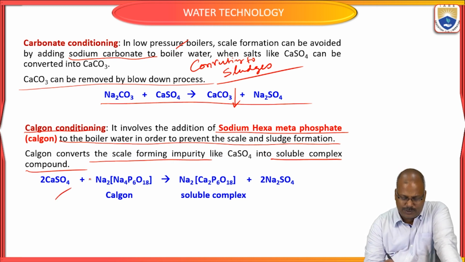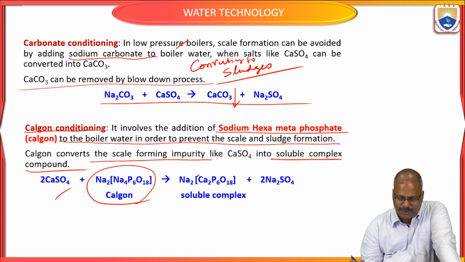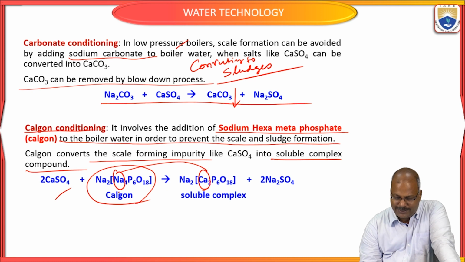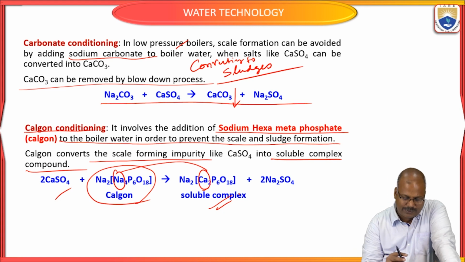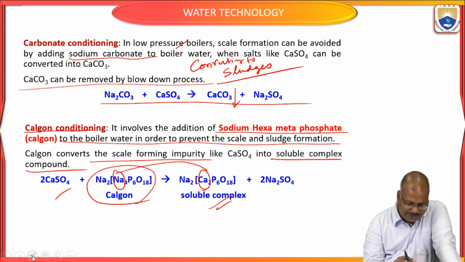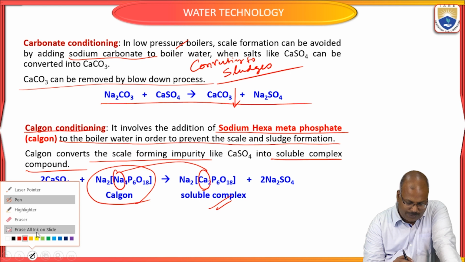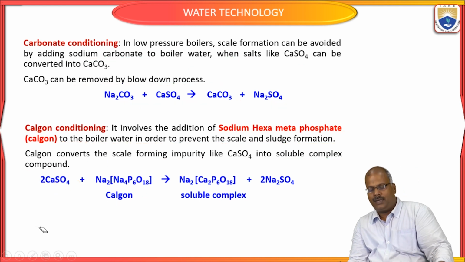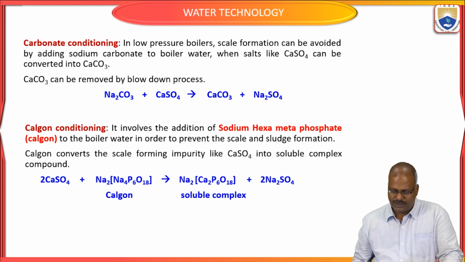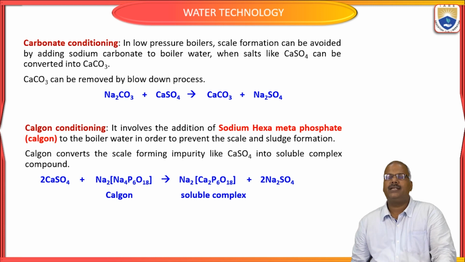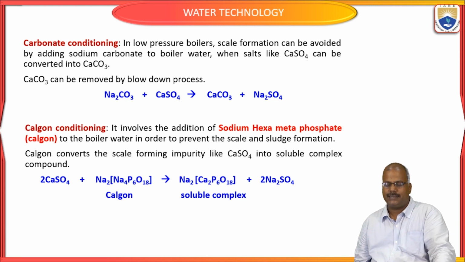For example, 2 calcium sulfate plus Na4P6O18, this is calgon, forms a soluble complex by substitution. It takes the calcium and sodium sulfate comes out. So this is a soluble complex. Thereby it avoids the scale formation due to calcium sulfate. And when it is soluble, we can remove it by blowdown process, or it is not as problematic as scales.